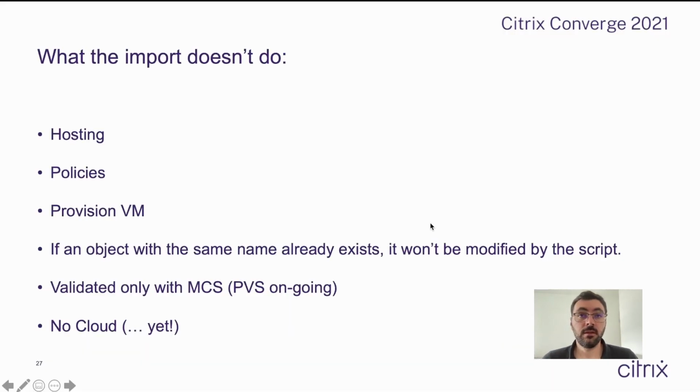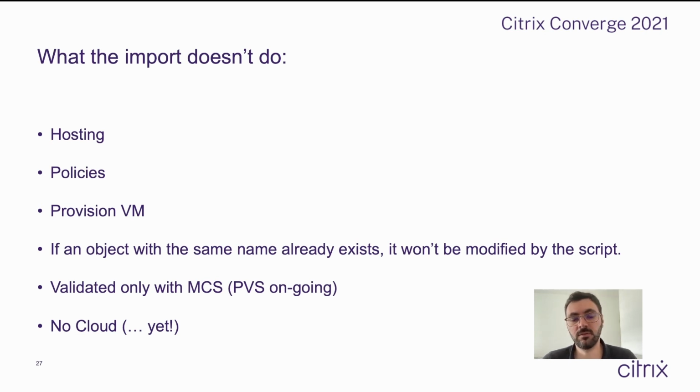Now we have done the import, let's check what the import doesn't do. As you can see, it doesn't do hosting, and it doesn't export policies yet, because I think it's pretty easy to export and re-import in a new site.